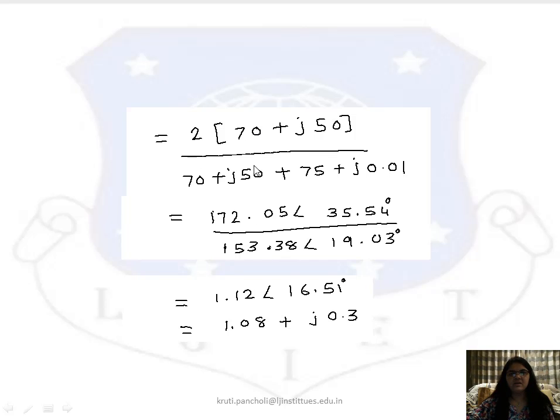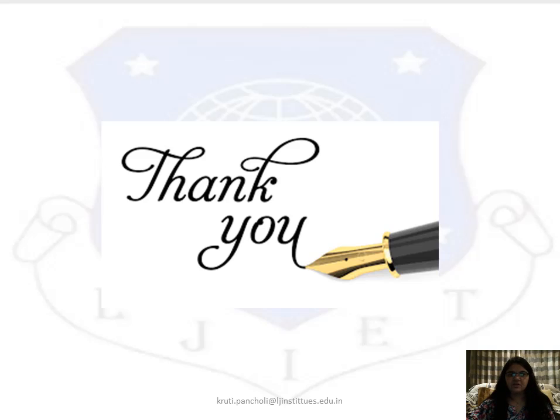Converting rectangular to polar, again A divided by C and the angle B minus D, we can have this answer, and converting back from polar to rectangular we get the final answer. So this way we can find the value of the transmission coefficient and the reflection coefficient. So this is about the transmission and the reflection coefficient. Thank you very much everyone.